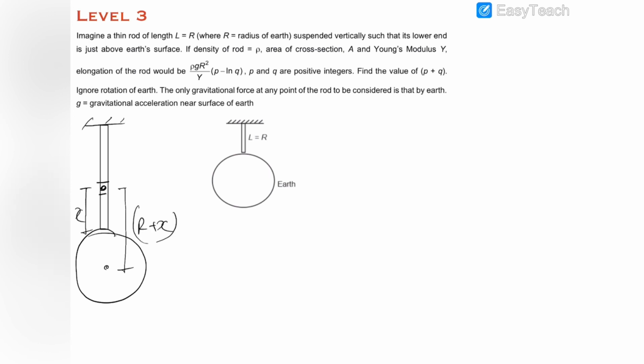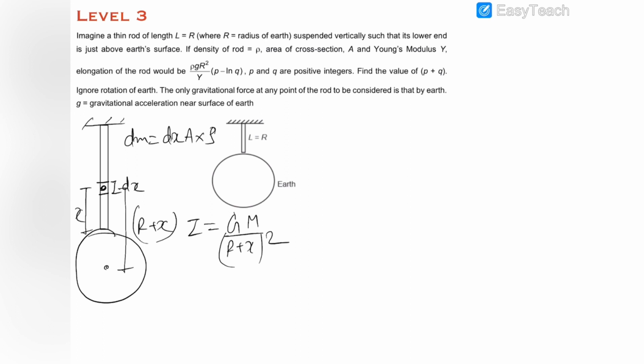So let us assume a small element of length dx here and its mass dm will be equal to dx into area into density rho. Okay, so the gravitational pull at this point will be equal to gm by r plus x whole square.